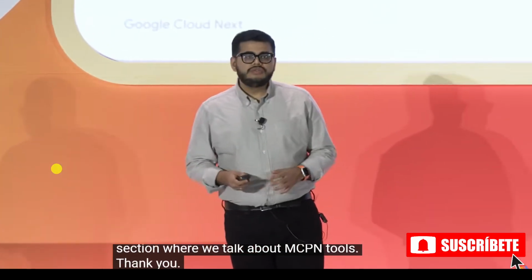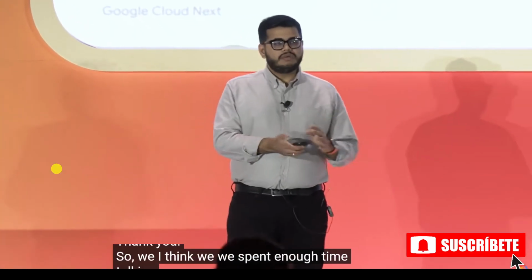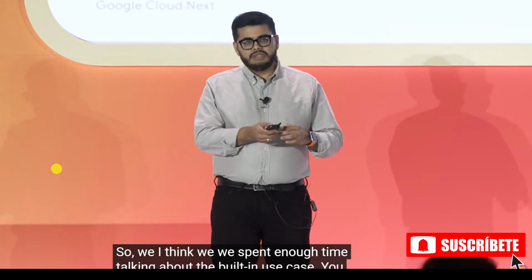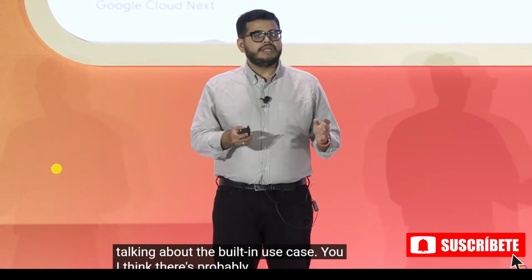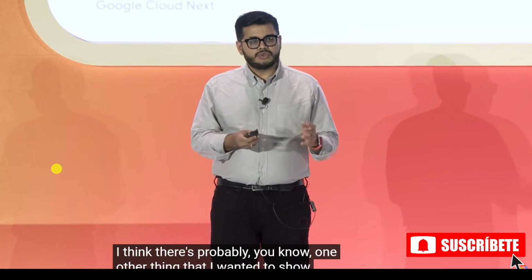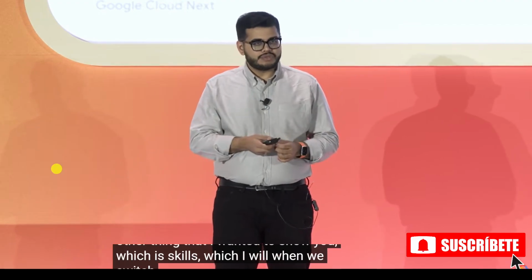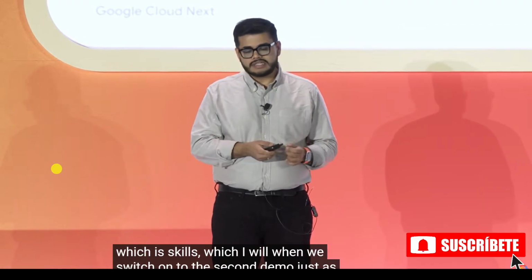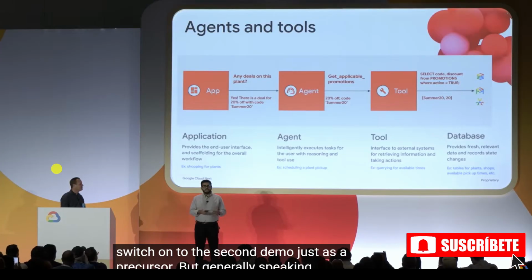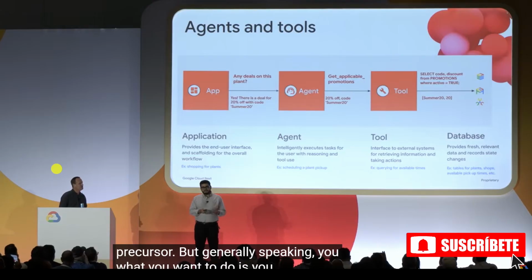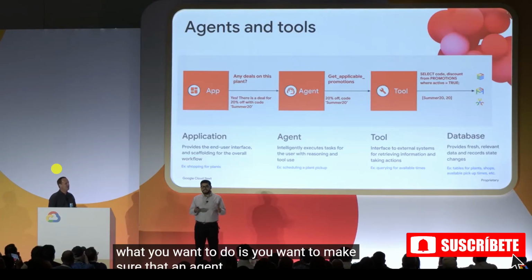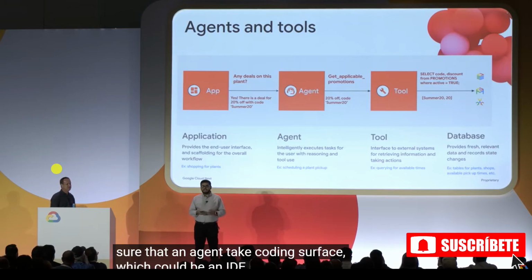Thank you. So I think we spent enough time talking about the build time use case. There's probably one other thing I wanted to show you, which is skills, which I will when we switch on to the second demo, just as a precursor. But generally speaking, you want to make sure that you have an agentic coding surface, which could be an IDE or a CLI.